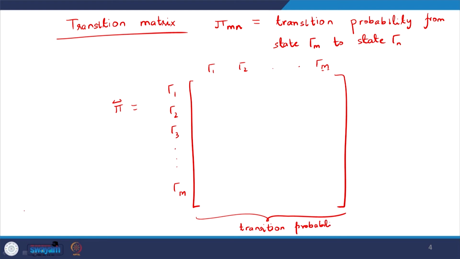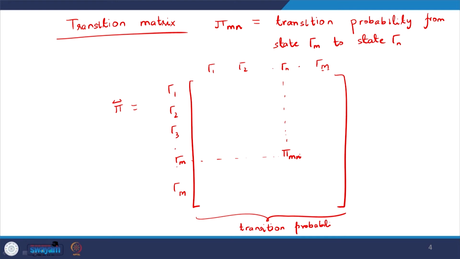So, let us say for example, for gamma m here and gamma n here, the corresponding element will represent the probability to go from state m to state n, that is pi mn.